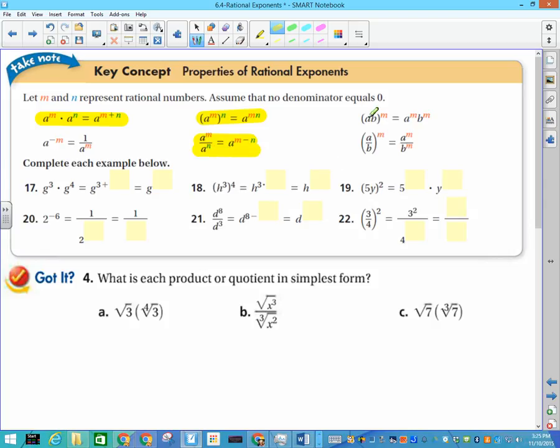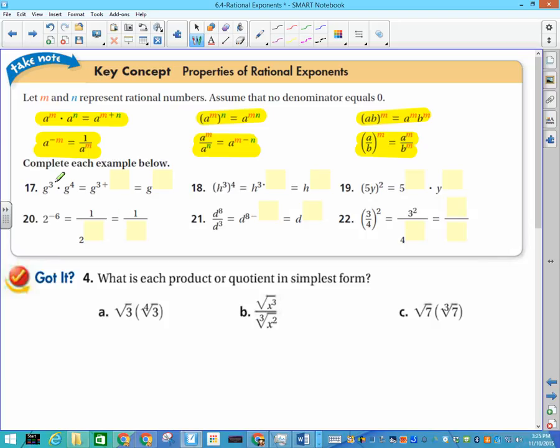When you're raising a product to a power, and there's no plus or minus inside these parentheses, you cannot do it with plus or minus. But if there's no plus or minus, then that exponent distributes to everything in your parentheses, whether that is a product or a quotient. And then, of course, if you have a negative, you put it in the bottom and make it positive. If it's negative in the bottom, you put it in the top and make it positive. But you'll see that as we go along.